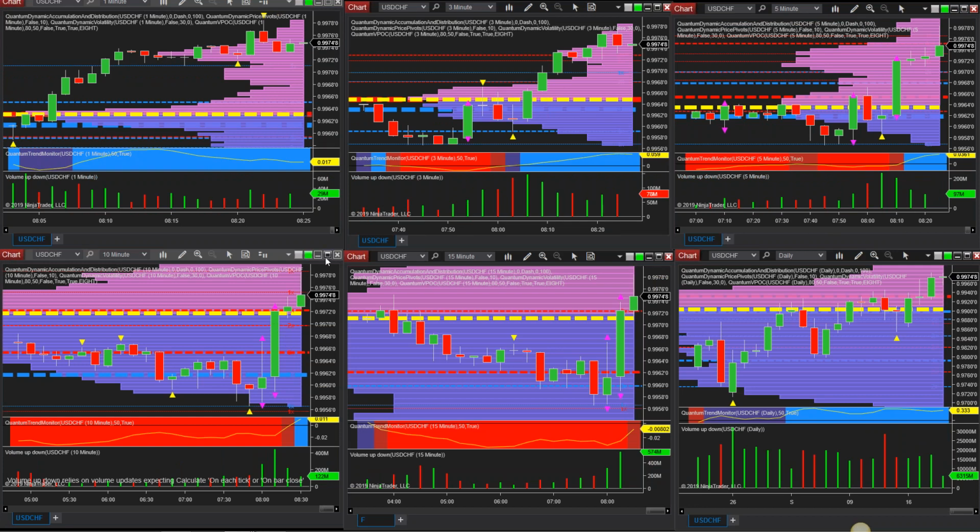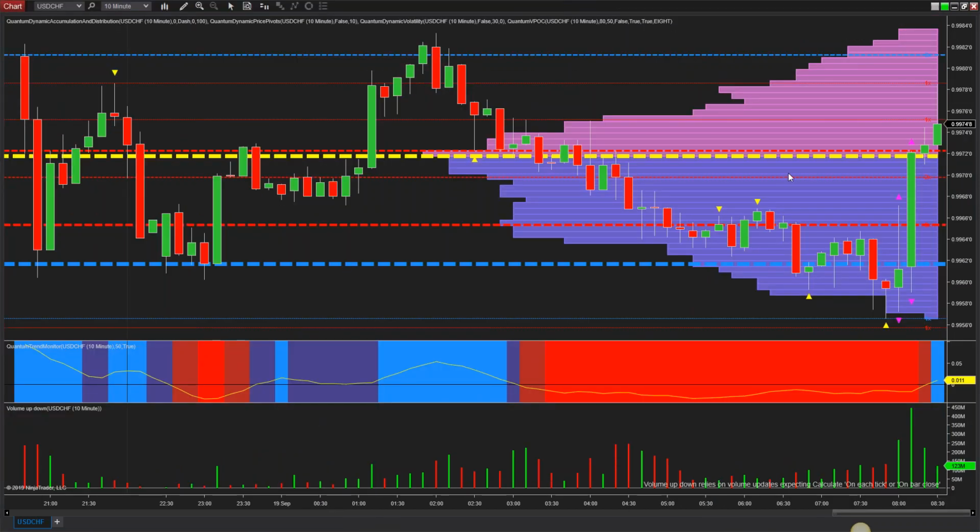Looking at it from the chart perspective, let's hop up onto 10. From a chart perspective, it's not too bad for an opportunity. We need to break away from the volume point of control, so we need to see decent volume under this candle. You probably can't see it, but the wick on this candle is up here, so we've already tested this level. We've got another one here. These are minor, so that's no problem in terms of a move higher.